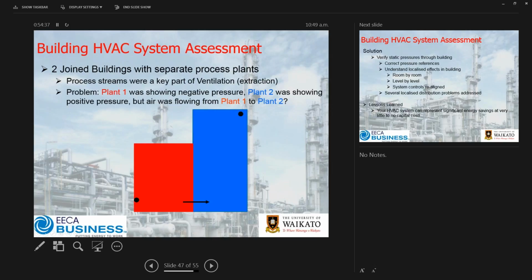And plant 2, whose reference pressure to control the HVAC system was actually in the top corner on the diagonally opposite part of the site, was showing positive. But interestingly enough, there was a substantial flow of air from plant 1 to plant 2 at the basement level. At the upper levels, there was negligible flow between the plants. And so this was a bit of an anomaly.